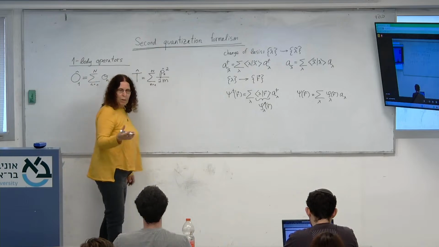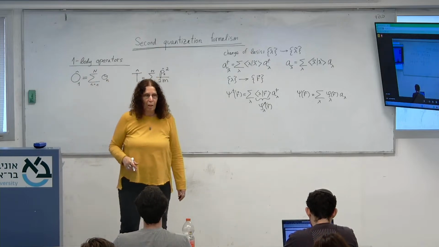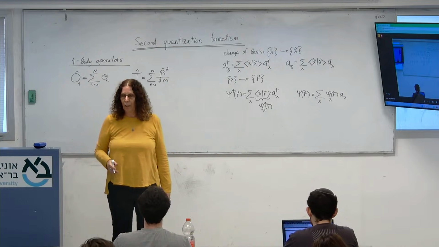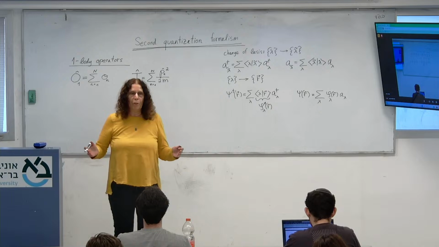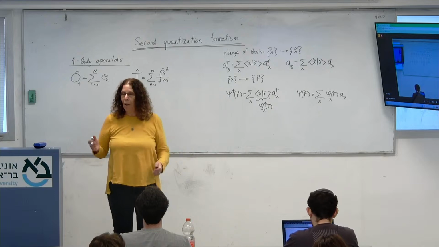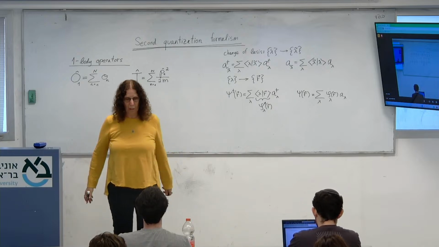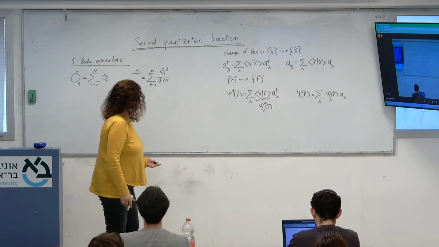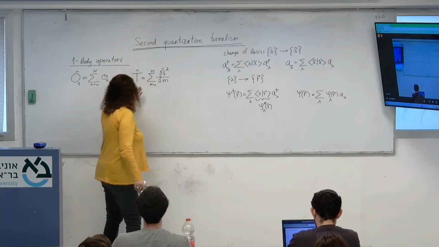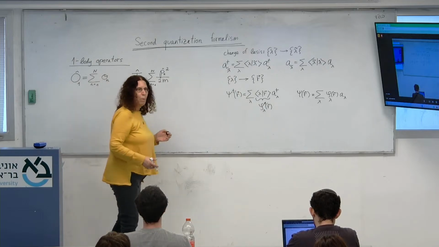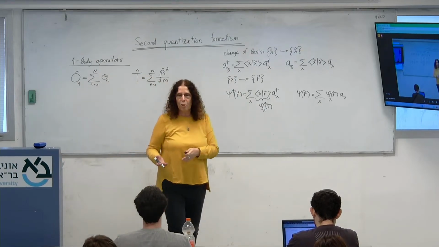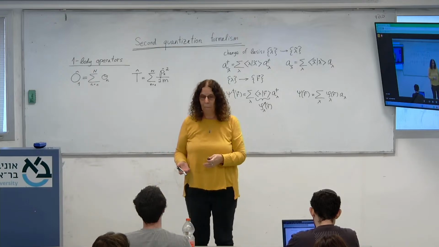So now suppose that we have capital N identical particles, and all of them have the same kinetic energy. Suppose this is the situation. Then what will be the total kinetic energy? If we apply it on such a state, what will we get?